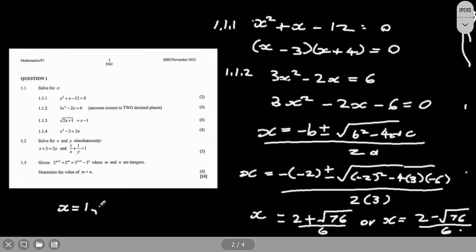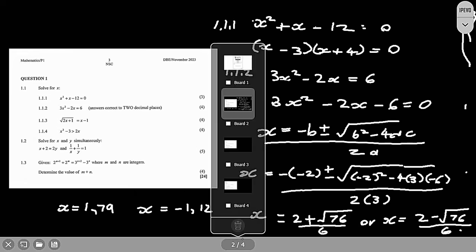It's 1.79. And then the second one, x is equal to negative 1.12. So now you have 7 marks already. But let's move on to the next questions.